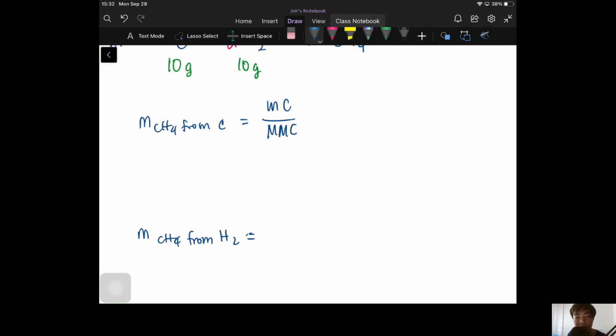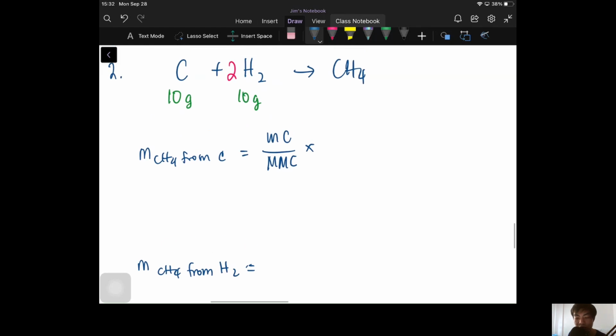Then yung moles ng reactant nyo, i-convert nyo into the products using the stoichiometric relationships. So we have 1 mole of carbon that is equivalent to 1 mole of methane.